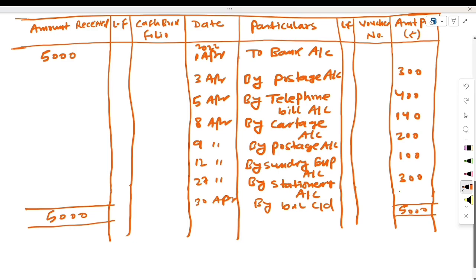Then your balance amount will be 3,560. And this will be the opening balance, balance b/d, for the next month on 1st May. From this balance, your petty cash book will open with 3,560 like this. This is all about the simple petty cash book.